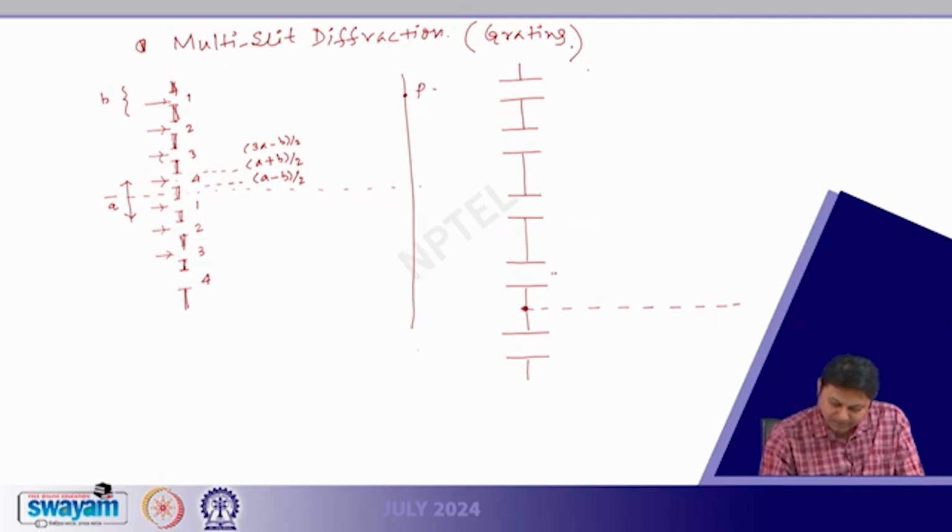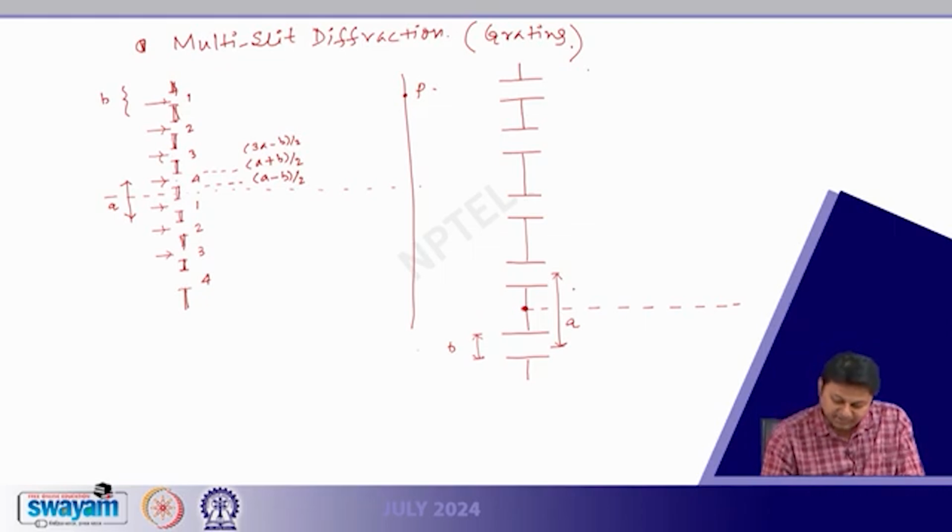From here to here this is A, and from here to here this is B, true for all the cases.